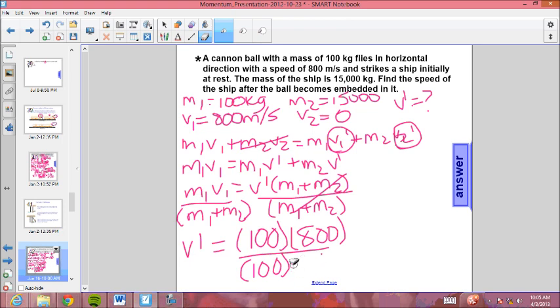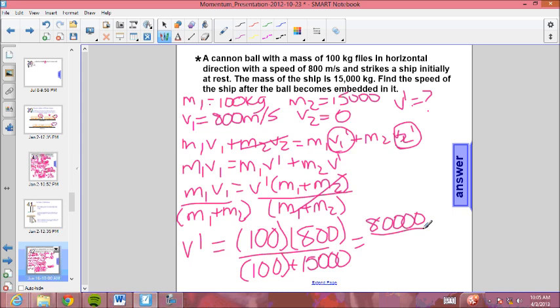Not multiplying these, we're adding them. I just wanted to make sure I wrote it right on the other one. So now, we've got 80,000 divided by 15,100, which in the end is going to give us about 5.29 meters per second.